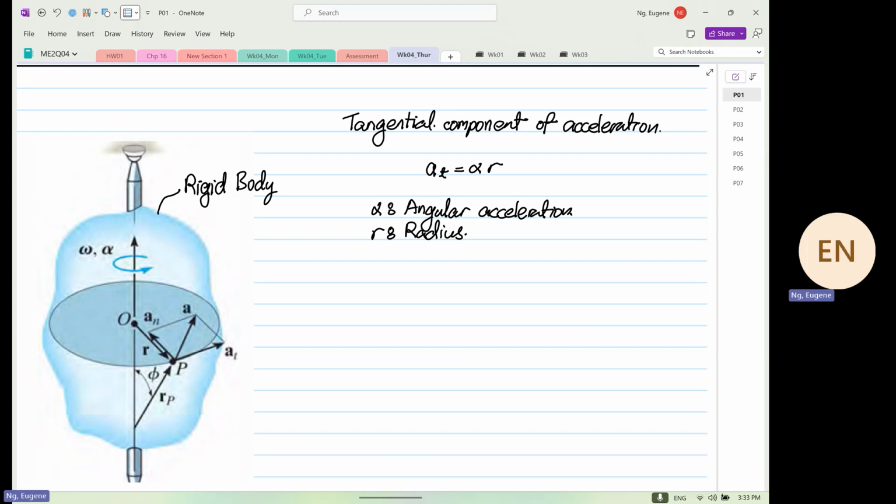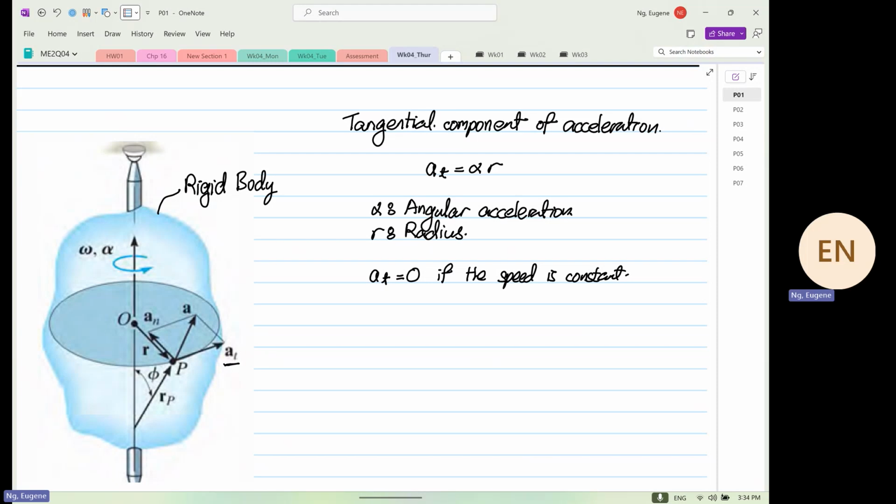So we also know that AT is equal to 0 if the speed is constant. Okay, so acceleration is equal to 0 when the speed is constant.